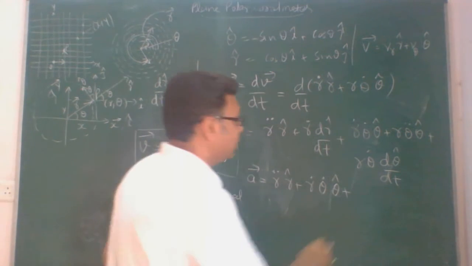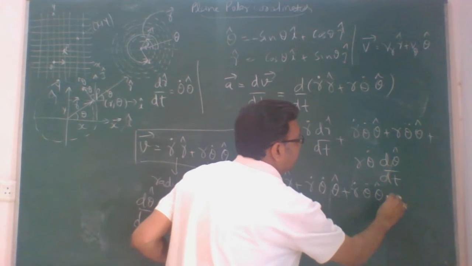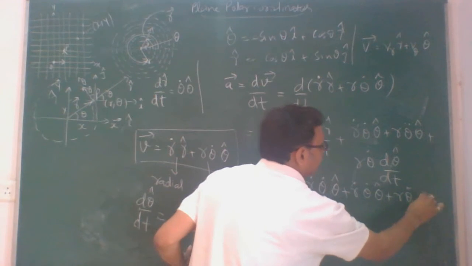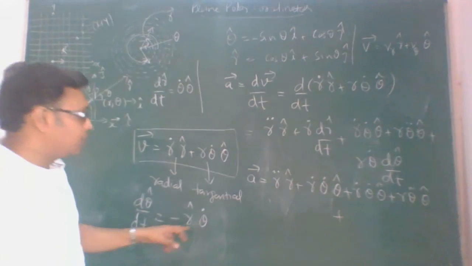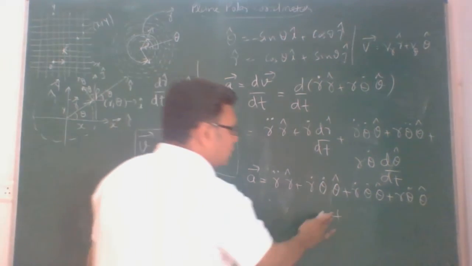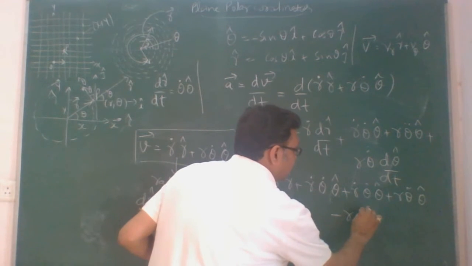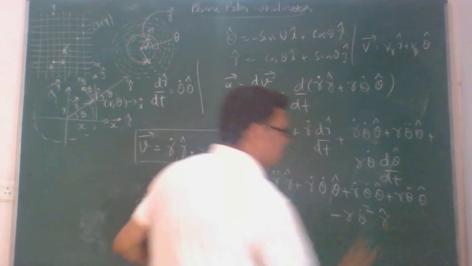We obtained it earlier. So we get r dot theta cap plus r theta double dot theta cap plus, with a minus sign, r theta dot square with r cap.